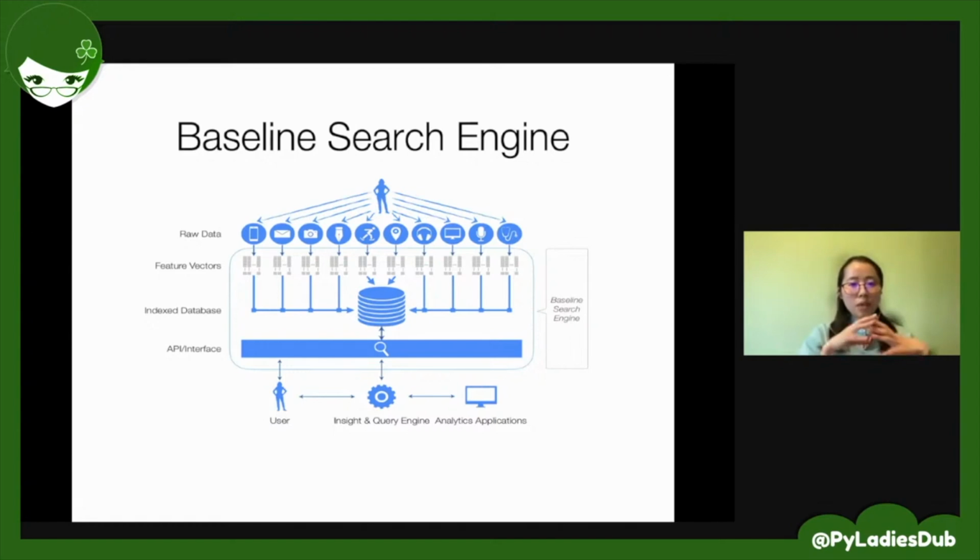The baseline of a search engine is that we have a lot of raw data, and then we use different technologies to extract features from them. After we get the visual features or text features, we map them and store them in a database. In the database, we index all the datasets stored inside. Then we offer an interface for new users to search for what they want.